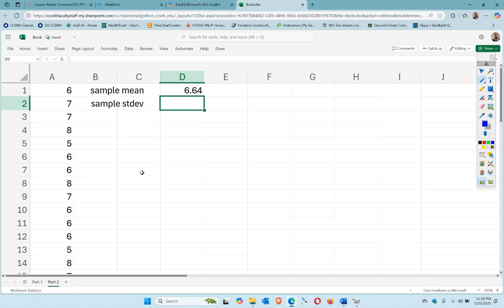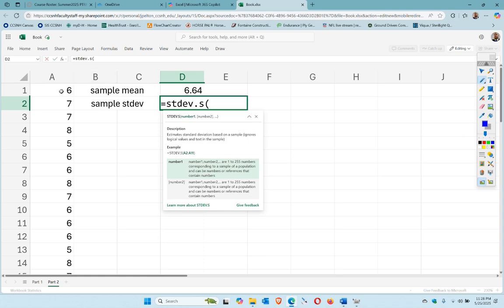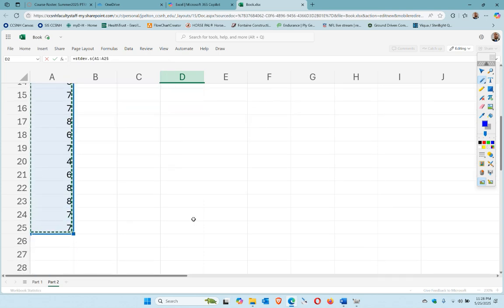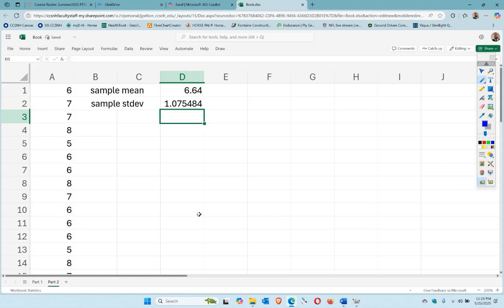So there's a sample mean. Alright, and then standard deviation dot. And you notice if you just put standard deviation, there is one there. Okay, and then there's population, and then there's sample. So dot S is what we want, because this is obviously a sample, not every single value. And there we go.